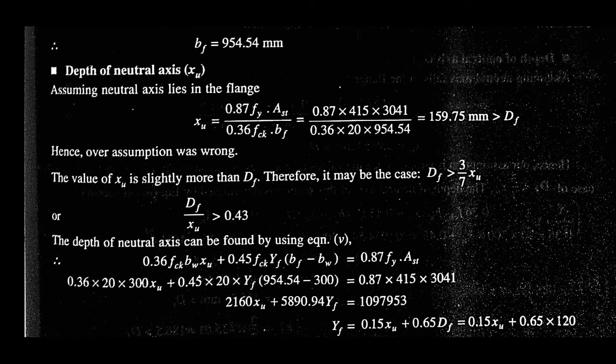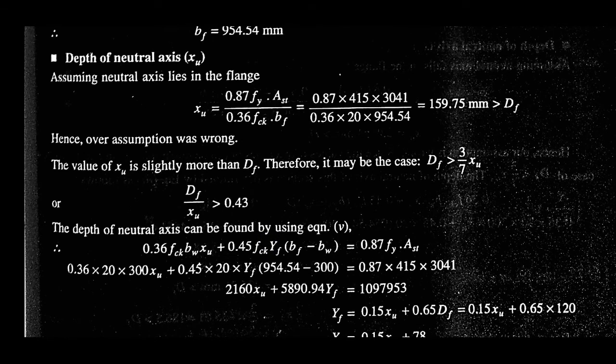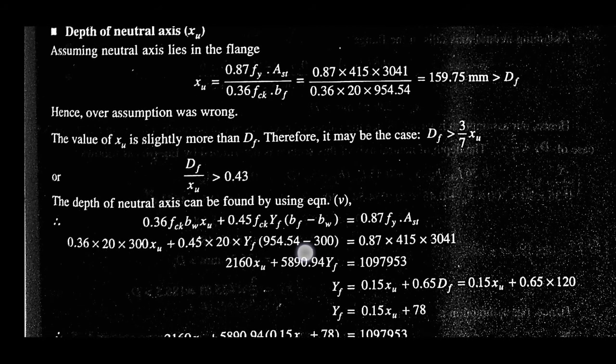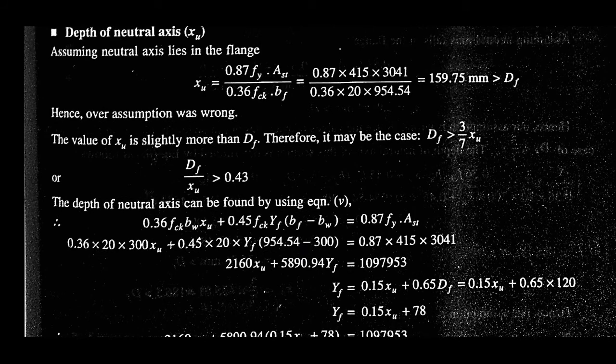Now, therefore 2160 XU plus 5890.94 YF is equal to 1097953, and we know YF is equal to 0.15 XU plus 0.65 DF. So that is 0.15 XU plus 0.65 into 120. So YF is equal to 0.15 XU plus 78.